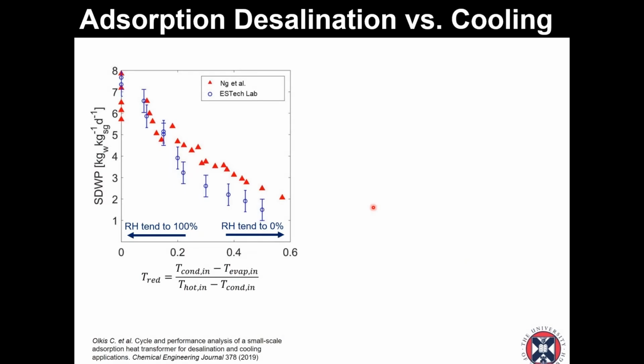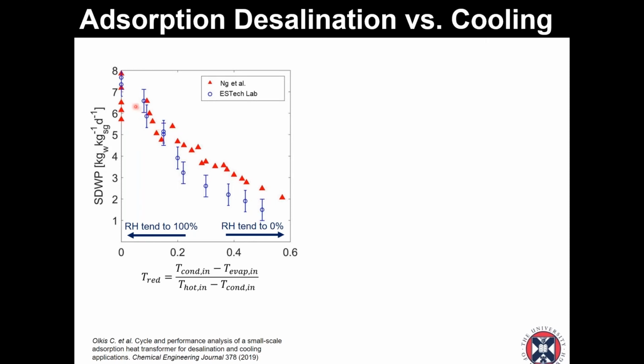Now, here are some results from our laboratory. When we plot the performance of a real adsorption desalinator on a reduced temperature, which is the ratio between the condenser minus the evaporator temperature and the regeneration minus the condenser temperature, we see that all the data points collapse into curves.